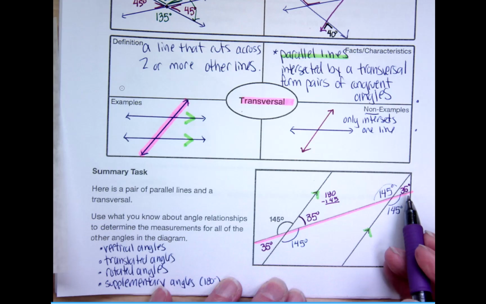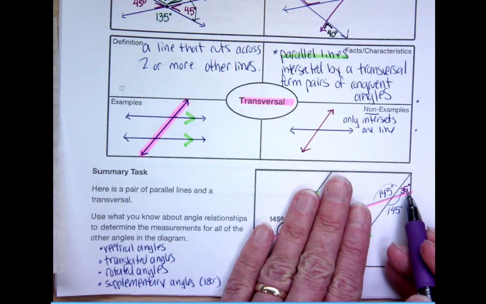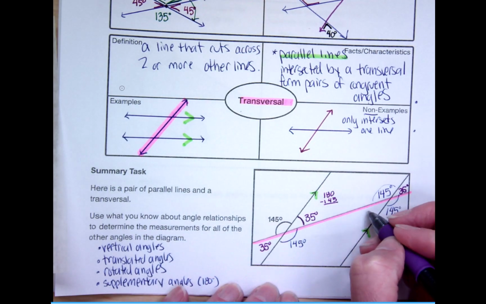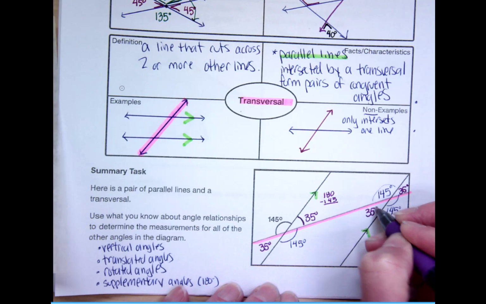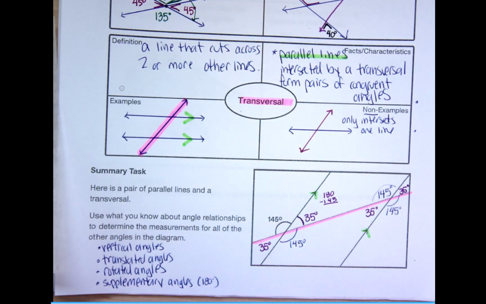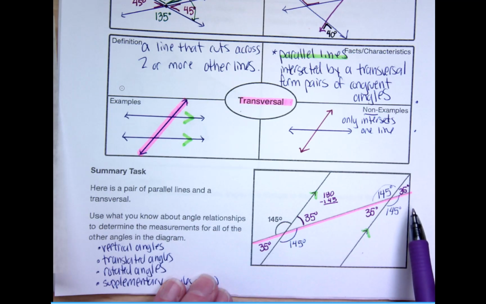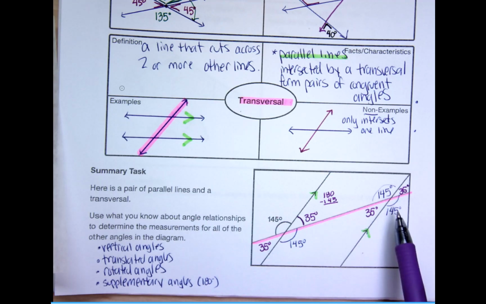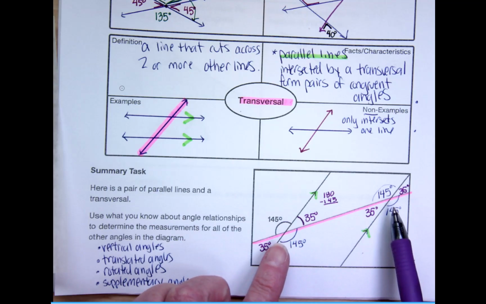And if that's 35 degrees, maybe you can see this new set of vertical angles. This is 35 degrees as well. So if I have two parallel lines cut by a transversal, and I just know one of those angles, then I can fill in the measure of every other one that's part of those two intersections.